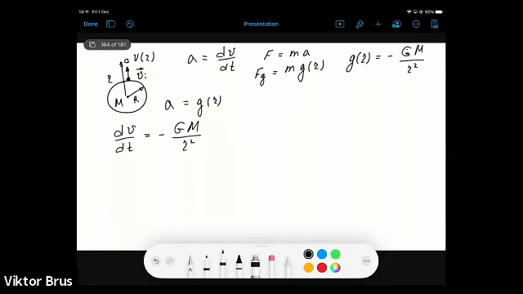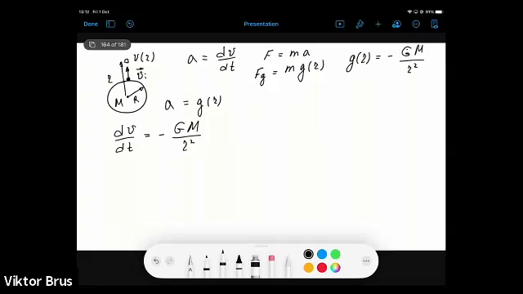So there is a problem here, because we want to get not velocity as a function of time, we want to get velocity as a function of distance. So we need somehow to get rid of this time in this expression.